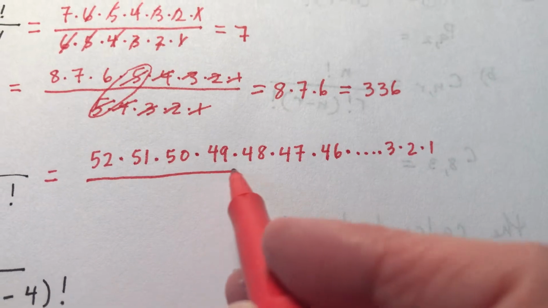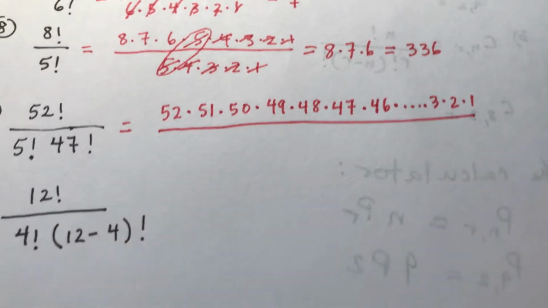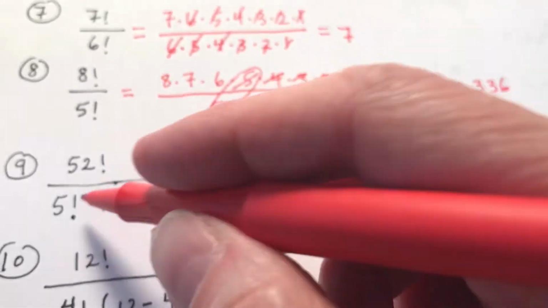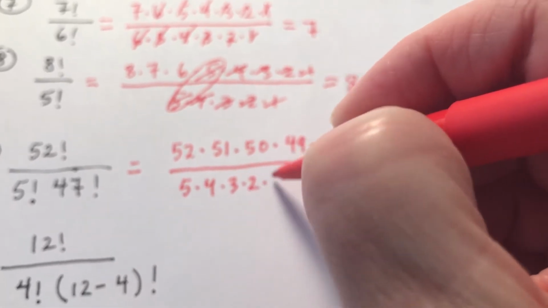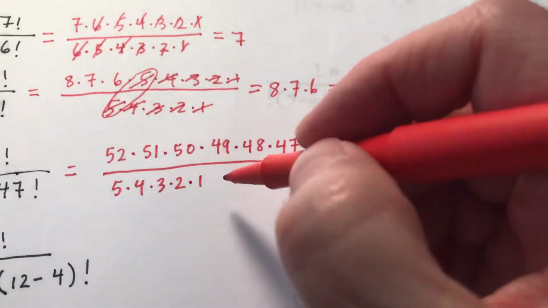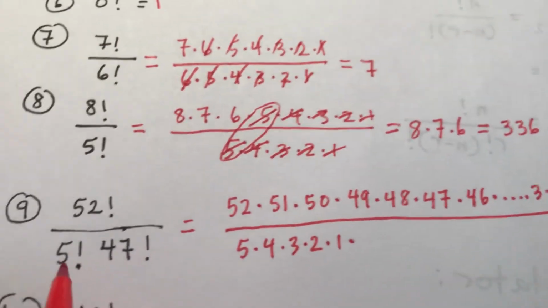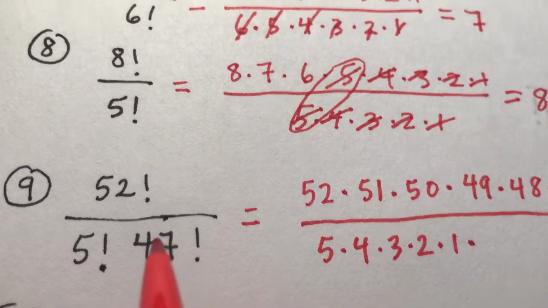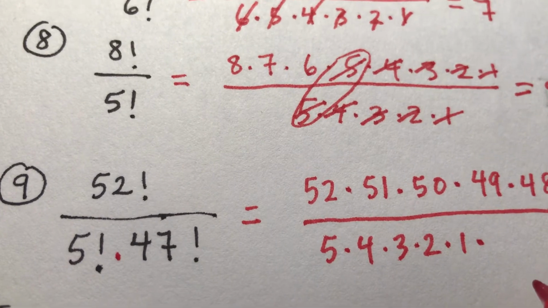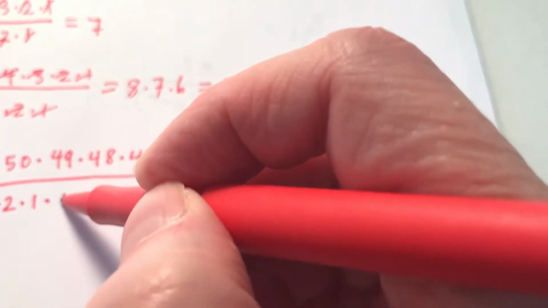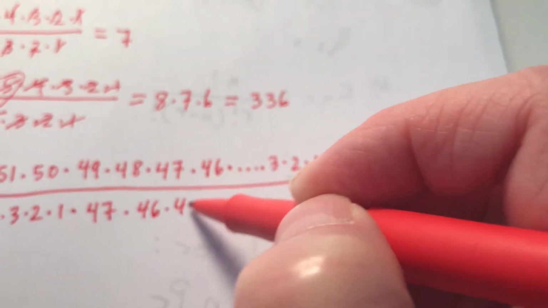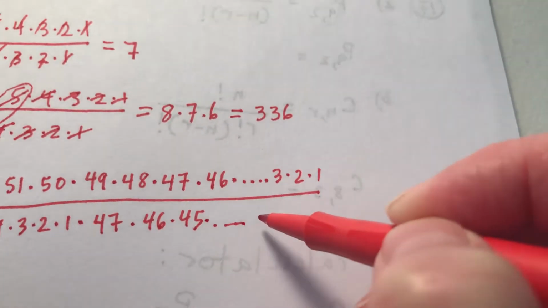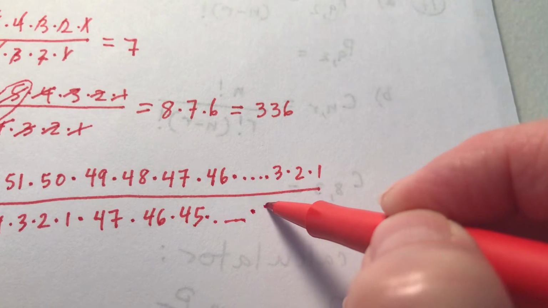Sometimes these numbers get quite large. And 5 factorial is 5, 4, 3, 2, 1. And that's multiplied by 47 factorial: 47, 46, 45, all right, we get it, times 3 times 2 times 1.